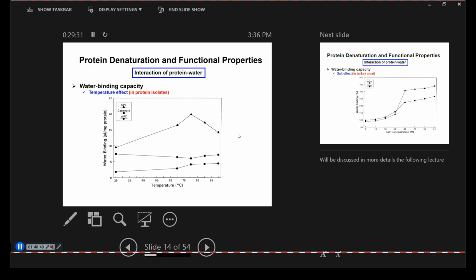Again, with the thermodynamics, we have more interaction of water, we have partial unfolding, and more interaction of water even with the hydrophobic residues. But then it goes down, because at some point we start having protein-protein interactions once you get some denaturation. And when you have protein-protein interaction, you have relatively less protein-water interaction.